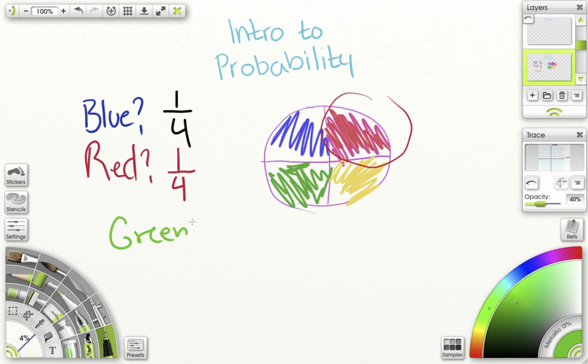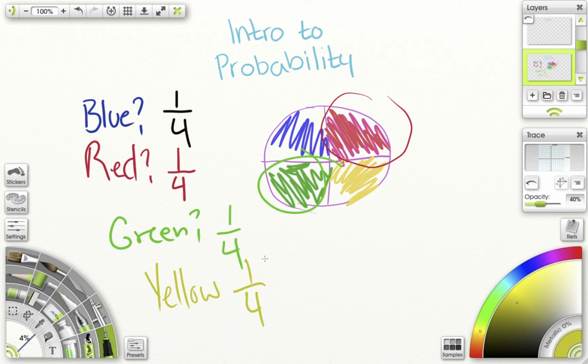What's the probability of landing on green? Well, again, green takes up 1/4 of the circle, so 1/4 of a chance. And the same goes for yellow. I know that 1/4 plus 1/4 plus 1/4 plus 1/4 equals a whole, so I'm not missing anything else.